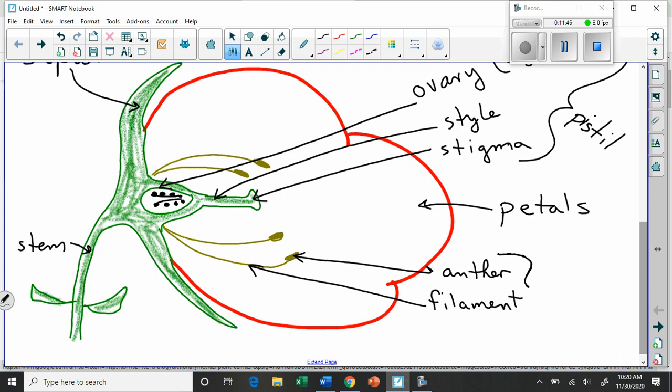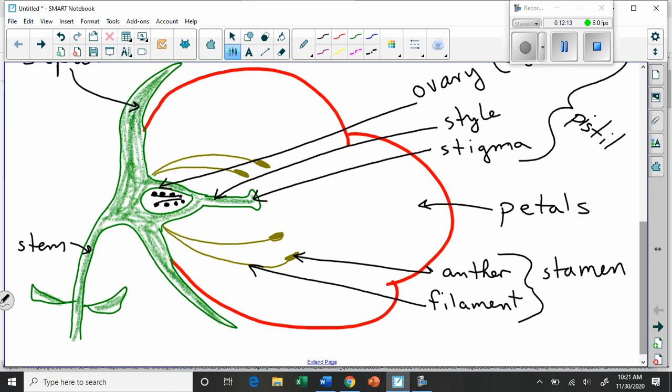And these two together make up the boy part of the flower, which is called the stamen. So a flower is interesting. It's both boy and girl at the same time. Many animals have developed the sexual dimorphism, we call it, where boys and girls are different. But in flowers, they're all kind of the same, and everybody has a little bit of everything.